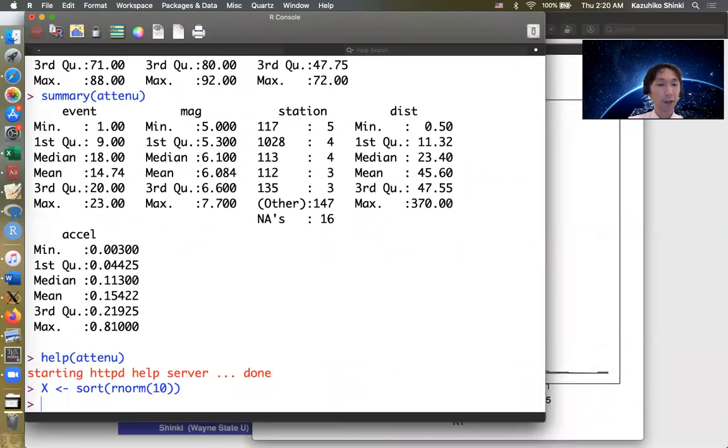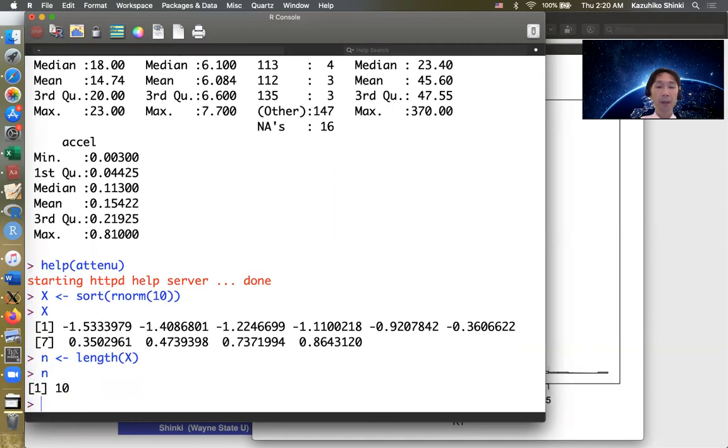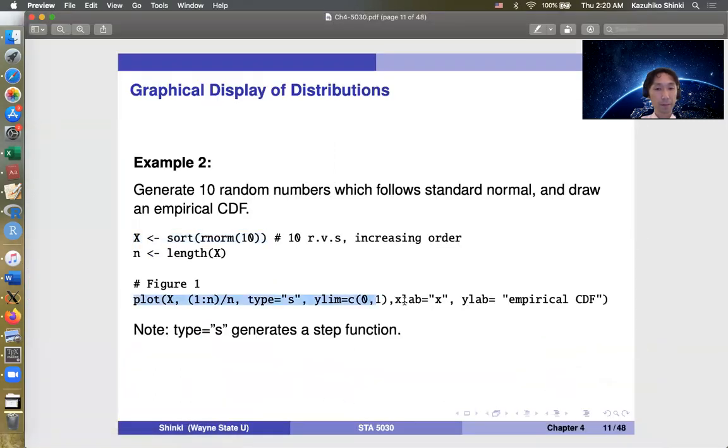If we generate 10 random numbers, okay, so this is negative 1.53, negative 1.4, up to 0.86. Here n is actually the length of x, but this should be just 10. And then we plot the empirical CDF.